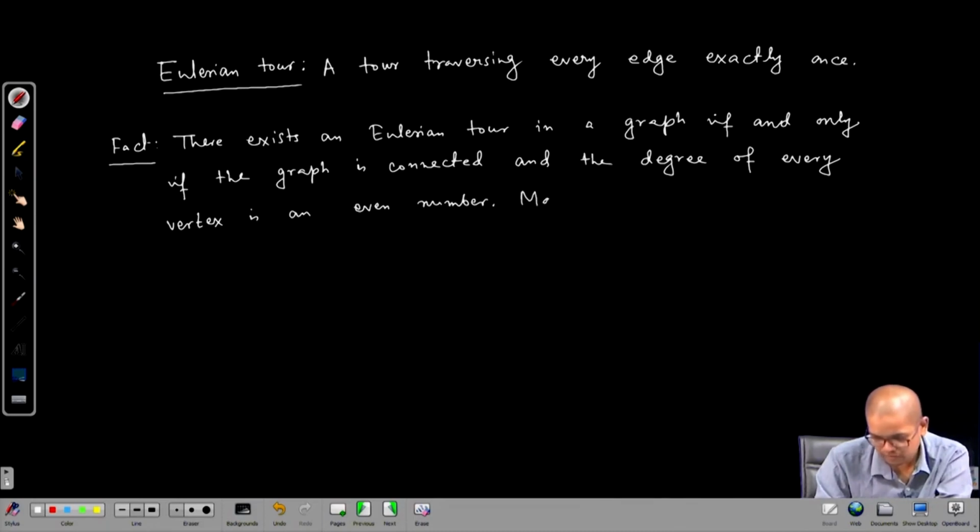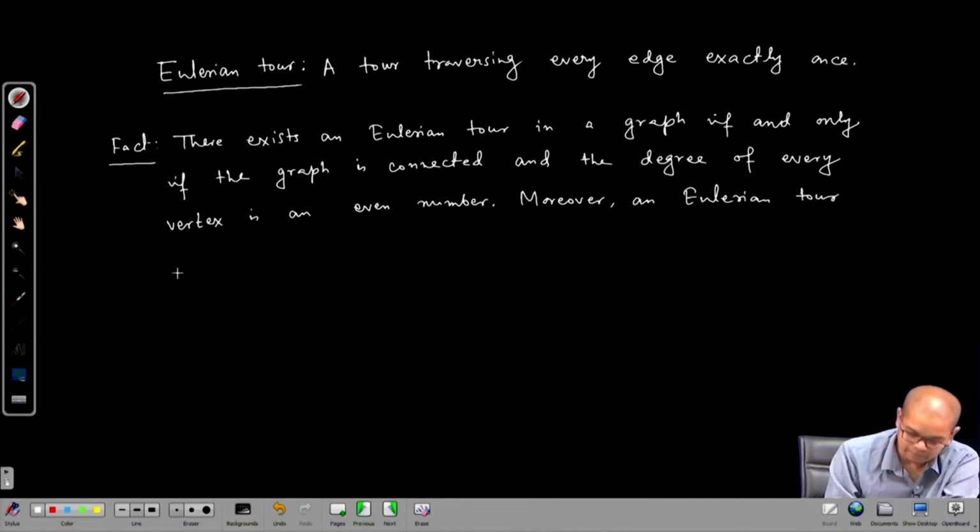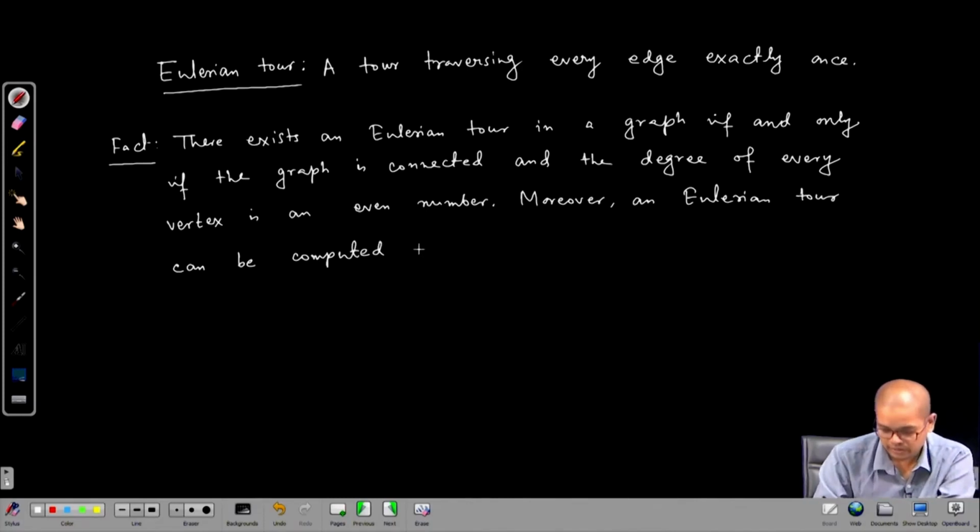Moreover, an Eulerian tour can be computed in polynomial time if it exists.